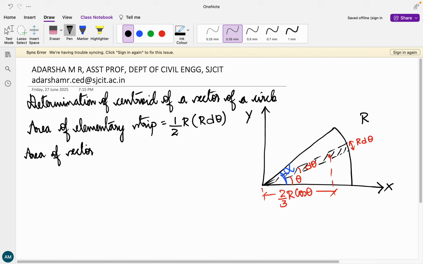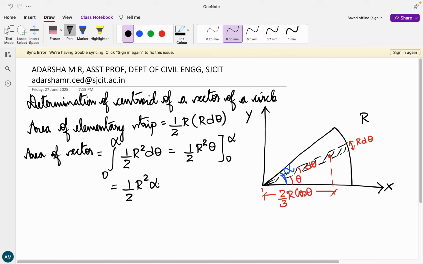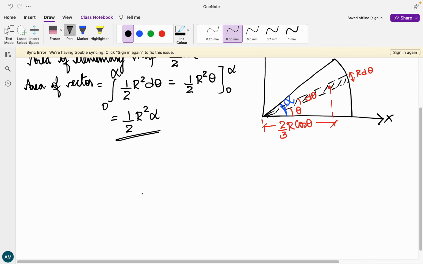Can you see that the angle ranges from 0 to alpha? So take it as 0 to alpha and take up your elementary strip, half r square d theta. It is nothing but half r square into theta after integration from 0 to alpha, or half r square alpha. This is the total area of your given sector.